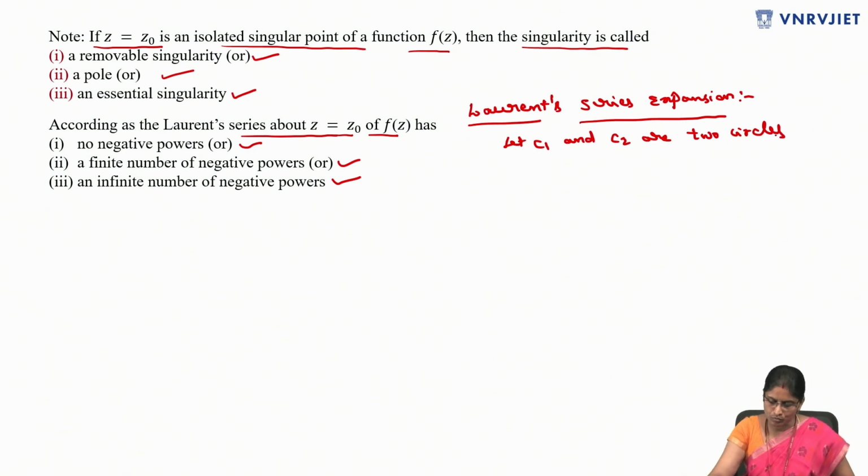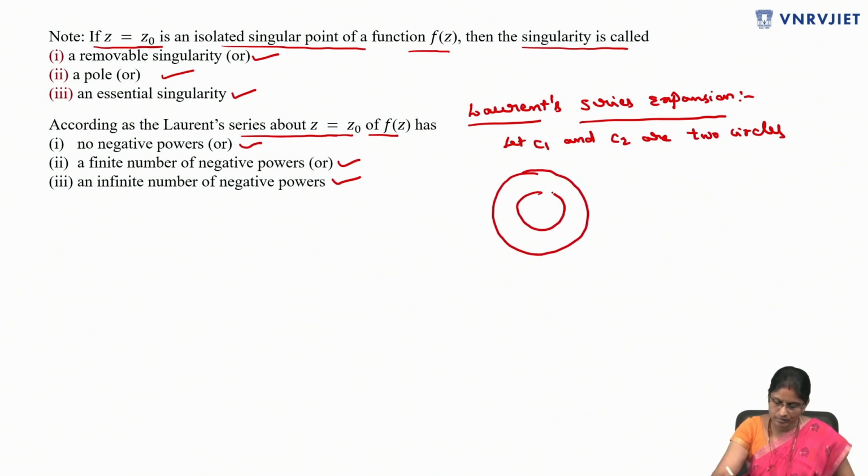Let us draw the two circles: one circle is C1 and this other circle is C2. C1 and C2 are two circles and z is any point between these two circles.